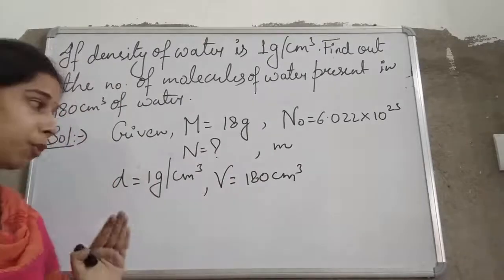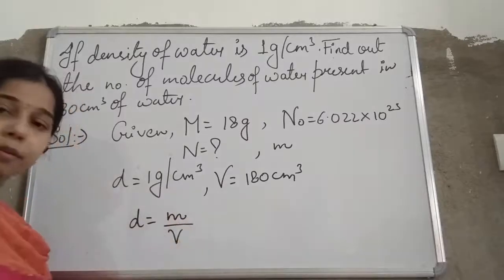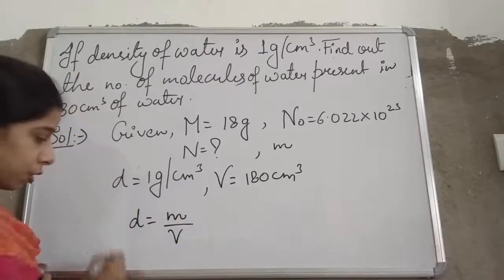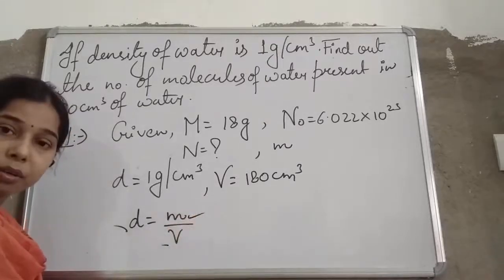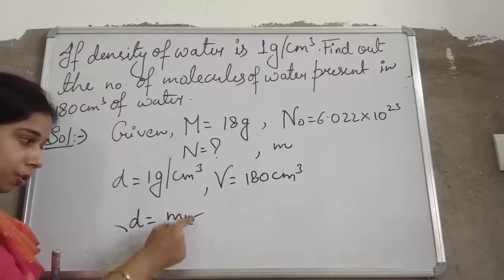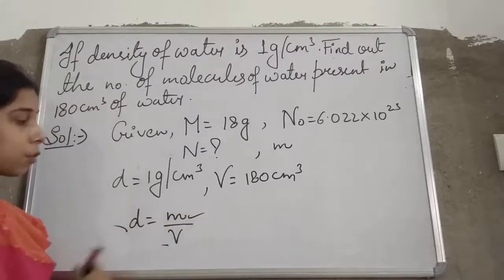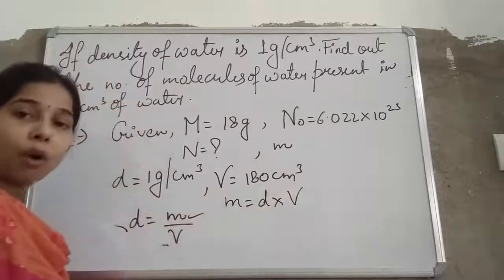We know the formula, density is equals to mass upon volume. So we are able to find the mass of the water also, because the density and volume are given. So mass is equals to density into volume.